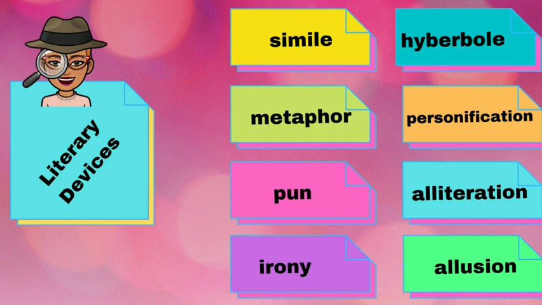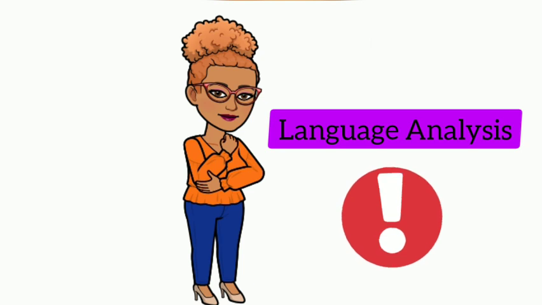While hundreds of literary devices have been created, some of the most common are simile, metaphor, pun, irony, hyperbole, personification, alliteration, and allusion. There are so many other literary devices that you can explore. These are just a few language techniques that you can incorporate when you are writing reflection number 2.